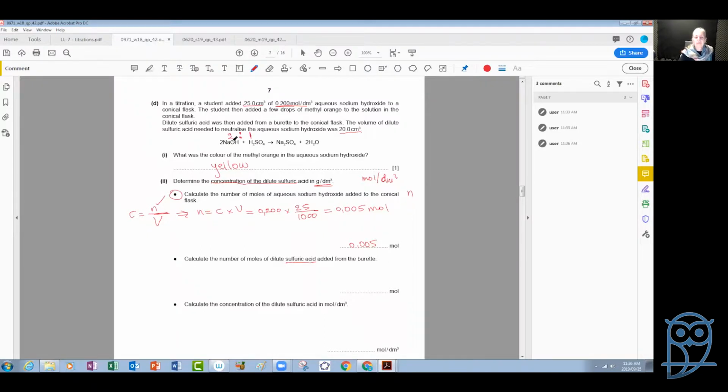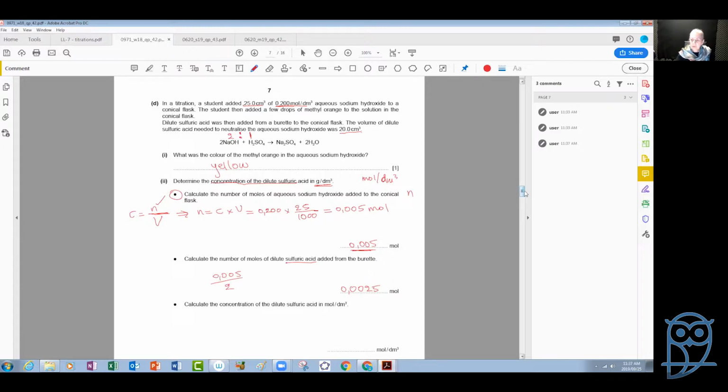So we found the number of moles of sodium hydroxide, and obviously the moles of sulfuric acid that reacted is half of the sodium hydroxide. Because it's 2 to 1, it's 0,005 moles divided by 2. That will be the number of moles of sulfuric acid, and this is 0,0025 moles of sulfuric acid.